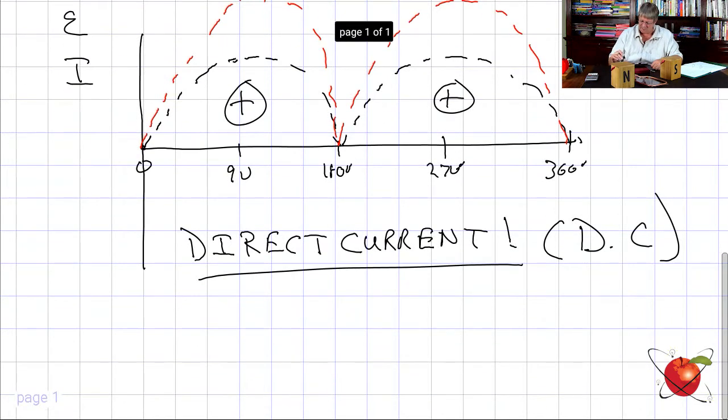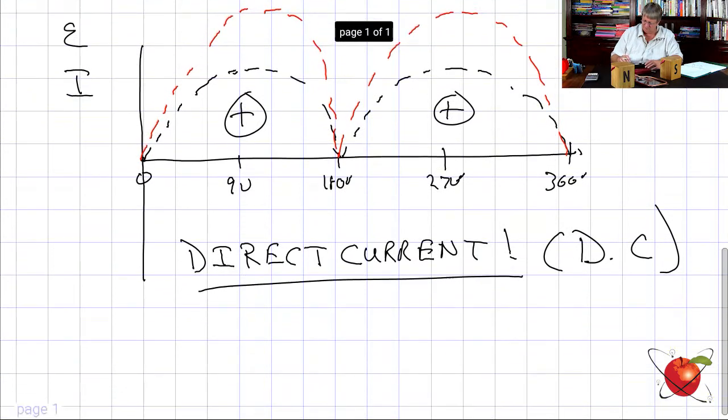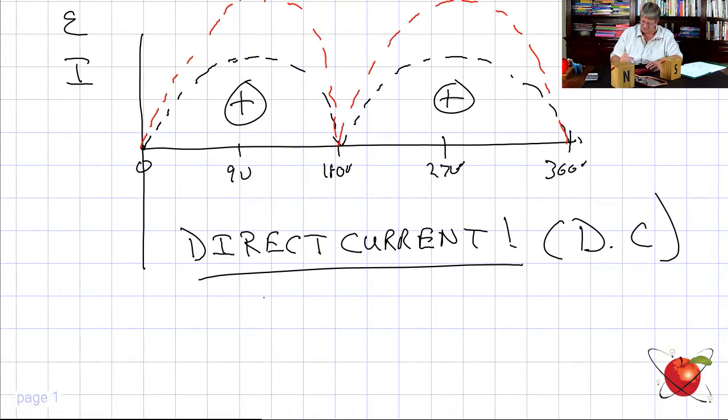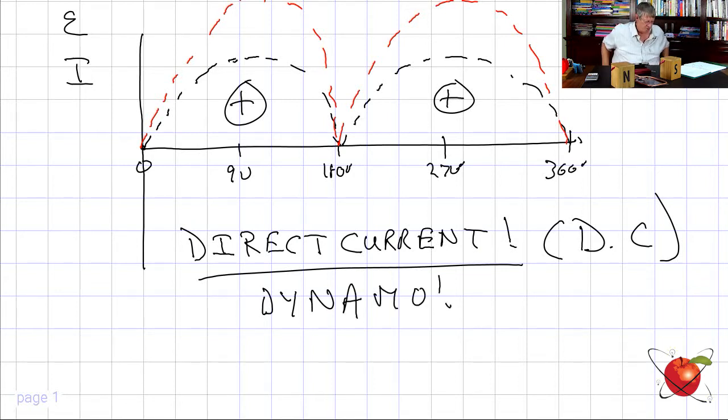This direct current is produced by a dynamo.